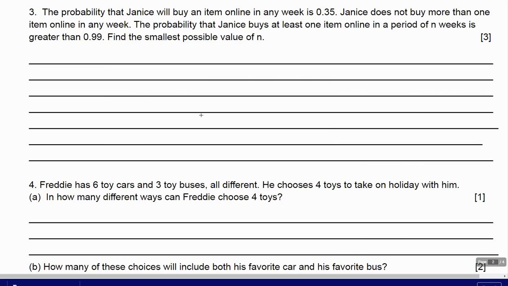Yeah, but we got to get there first. So let's do this. Change this. At least 1 item in n weeks is greater than 0.99. How do I write that as a probability statement? Find the probability that she buys at least 1 item in n weeks. It's the probability of what?